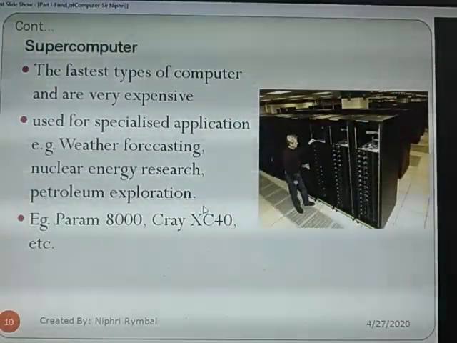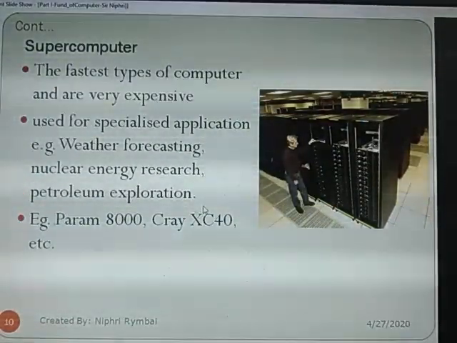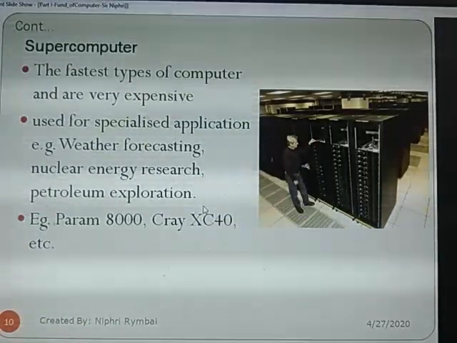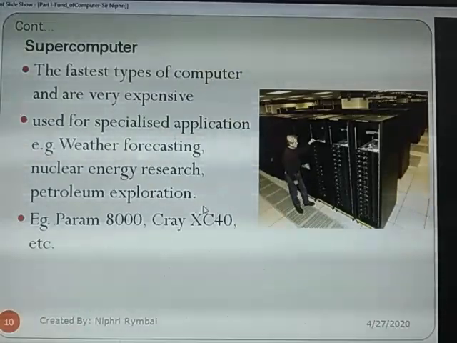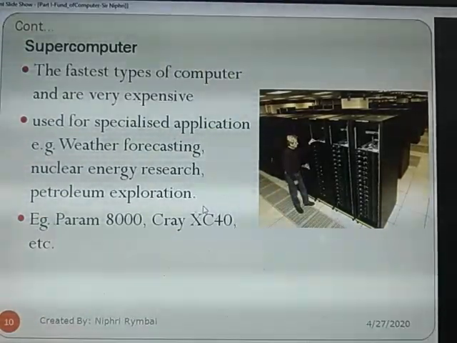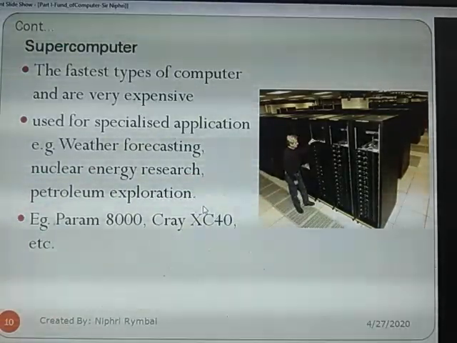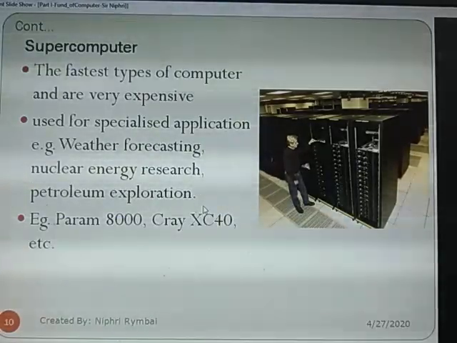Then the last type here is the supercomputer. In size they are smaller than the mainframe computer, but this type of computer can process data and information at a much faster speed as compared to the mainframe computer.